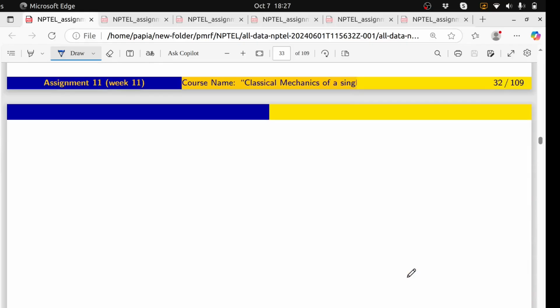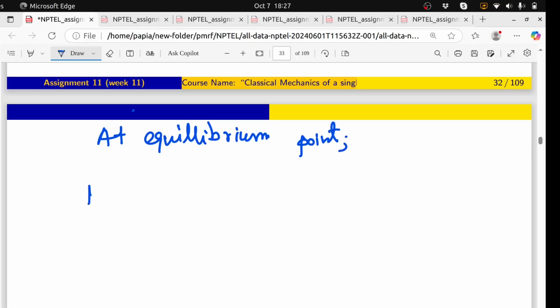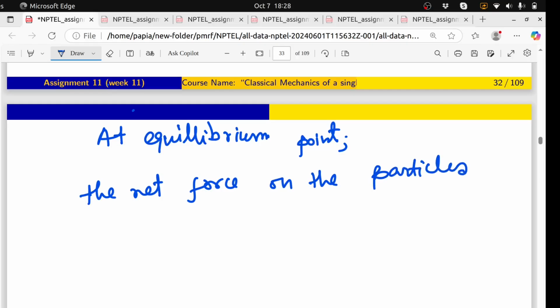At equilibrium point, the net force on the particle is 0. Yes? Okay, fine.